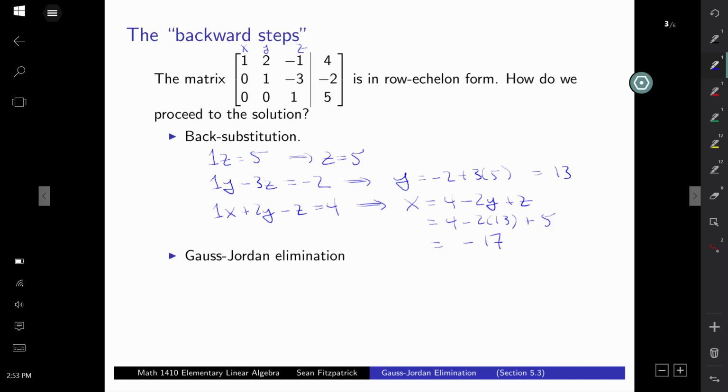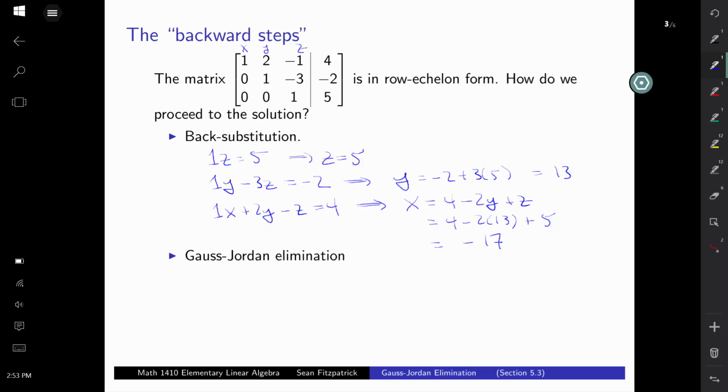There we go. And so now I know what x, y, z are. So x is minus 17, y is 13, z is equal to 5. Notice one of the reasons why the leading ones are quite useful is that in each one of these equations, we can immediately solve for the first variable, that leading variable in each equation, the one corresponding to the leading one. All we do is throw the other stuff to the other side and we're done.